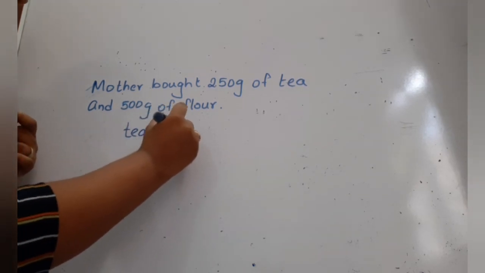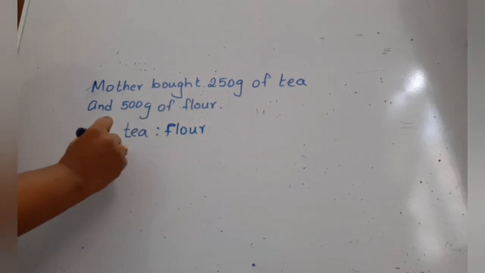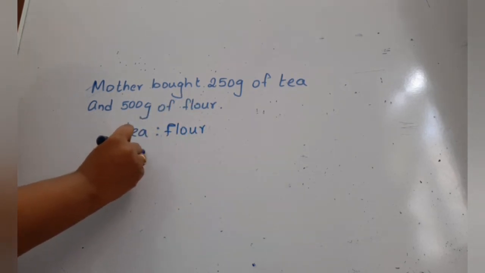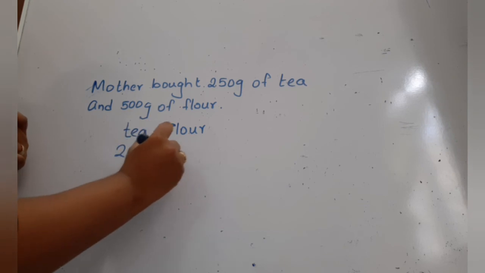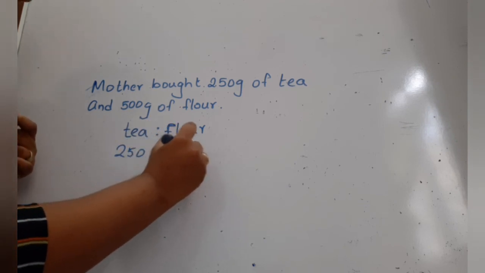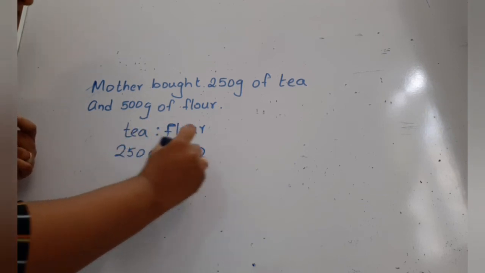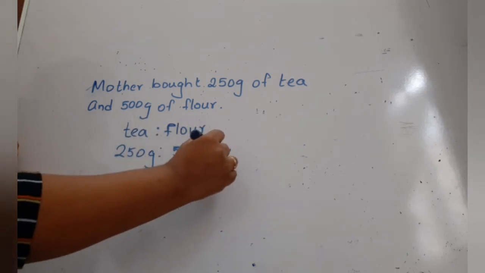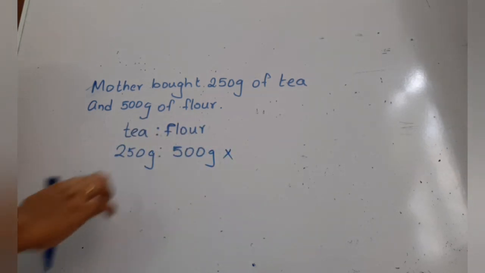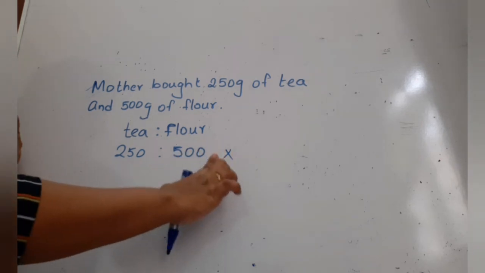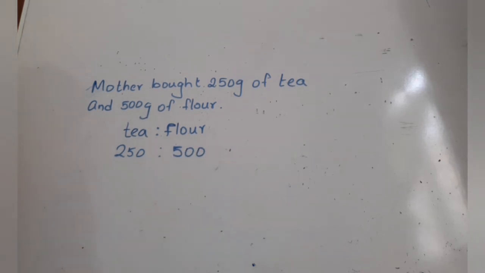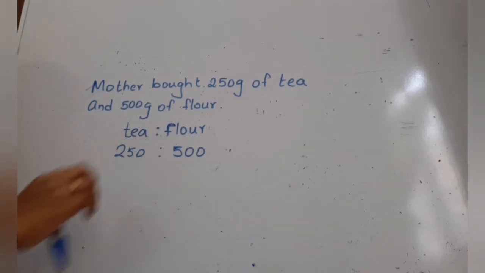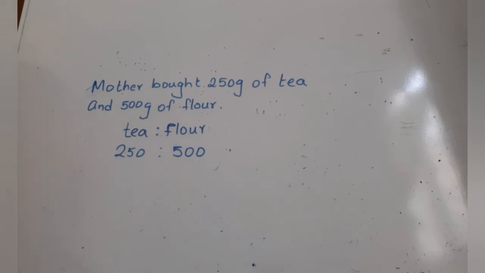Am I right? So we should indicate the values, 250, here it's 500. But if you put the unit like this, it will be marked as wrong. So you should not mark the units in here. Just the numerical values have to be written.